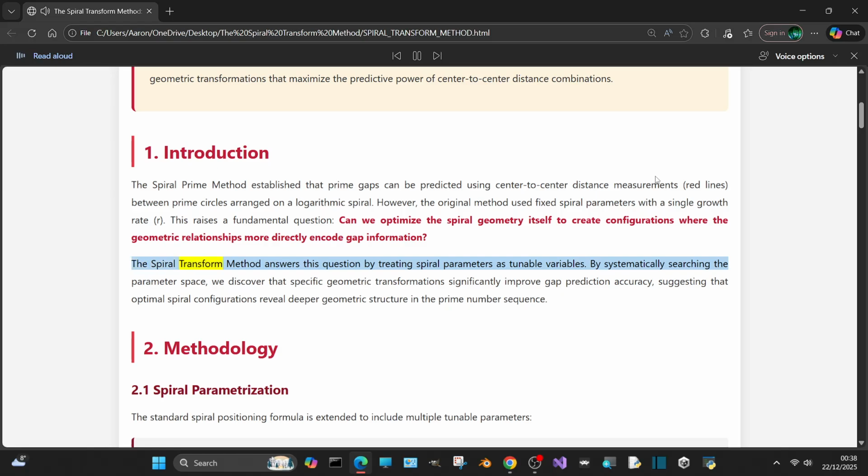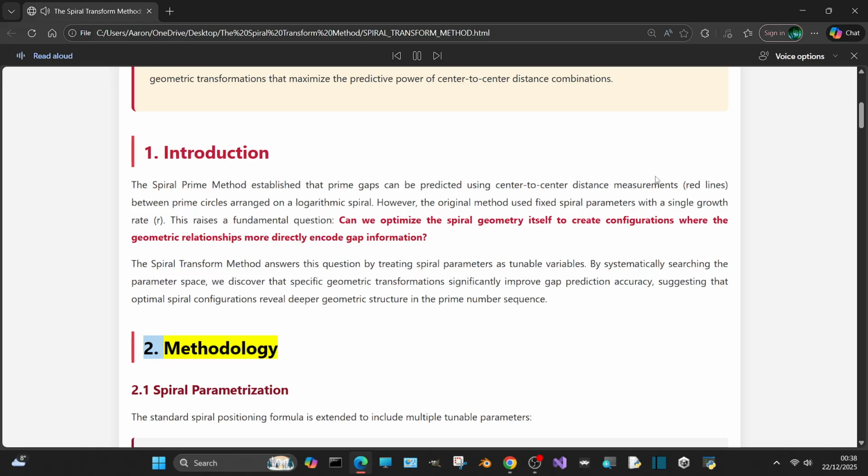The spiral transform method answers this question by treating spiral parameters as tunable variables. By systematically searching the parameter space, we discover that specific geometric transformations significantly improve gap prediction accuracy, suggesting that optimal spiral configurations reveal deeper geometric structure in the prime number sequence.